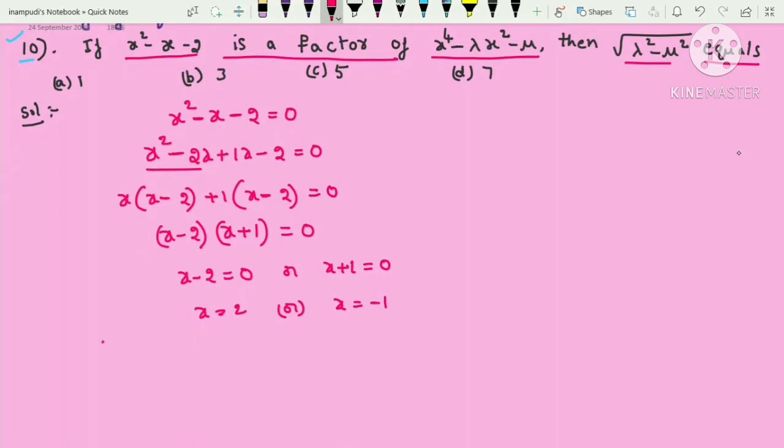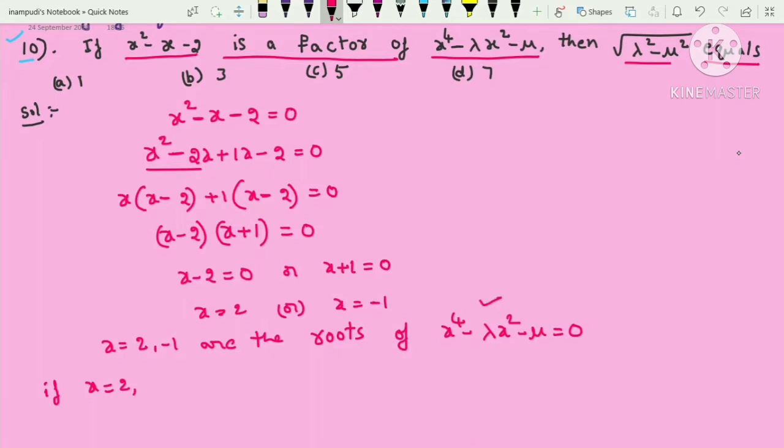If x = 2, -1 are the roots of x^4 - λx^2 - μ = 0, then these values satisfy this equation.